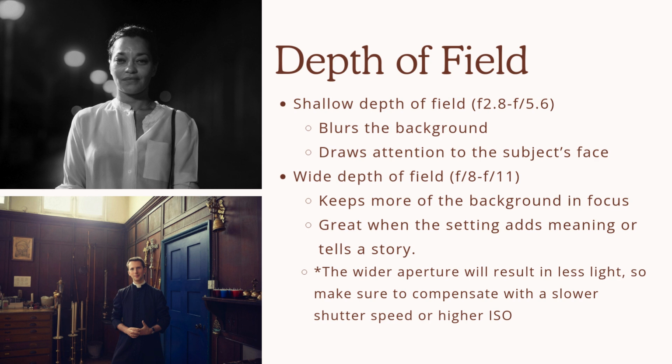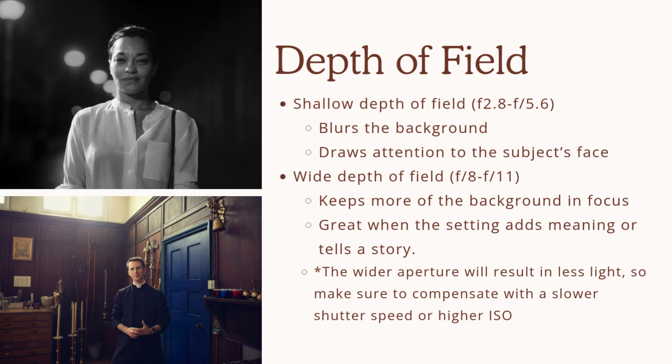But especially in environmental portraits, a lot of times you need the context of that background to help tell the story. So it's important that the backdrop is in focus. For environmental portraits, I would generally recommend shooting somewhere around f8 to f11 with a wider depth of field so that it will keep more of your background in focus. It's great for when the setting adds meaning to tell the story.